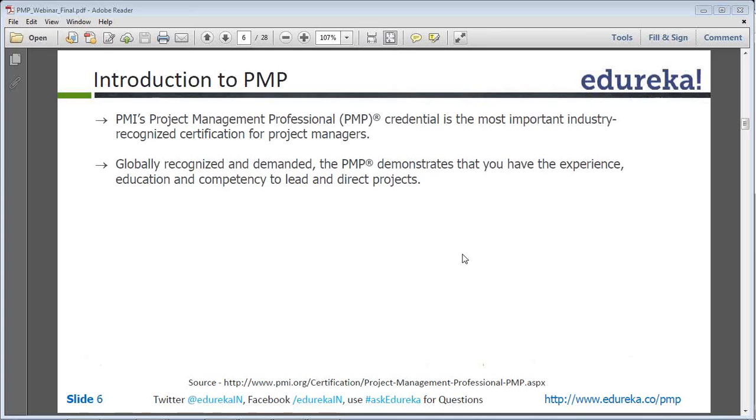The PMP exam is to specifically endorse that you know project management and have experience of project management as per what is professed by PMI through the PMBOK. So you have followed the best practices as mentioned in the PMBOK. And that's one of the reasons why this particular PMP exam requires you to have experience of project management before you can apply for it.